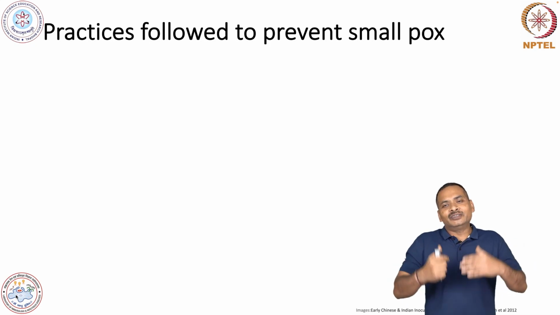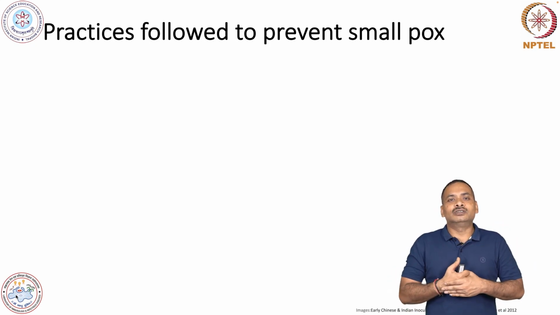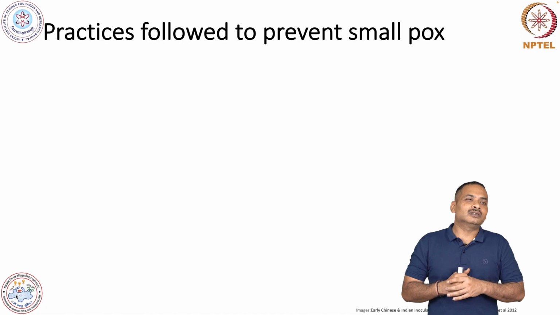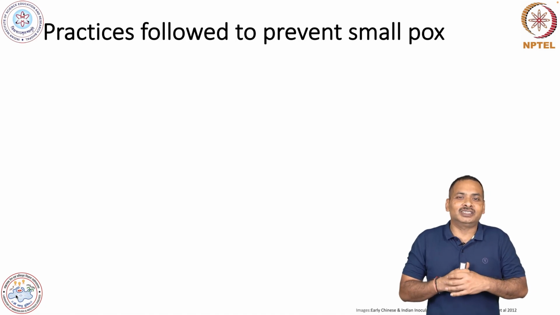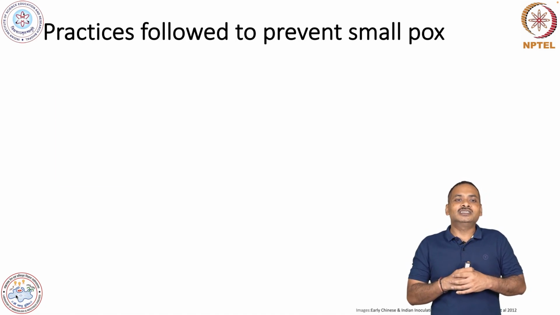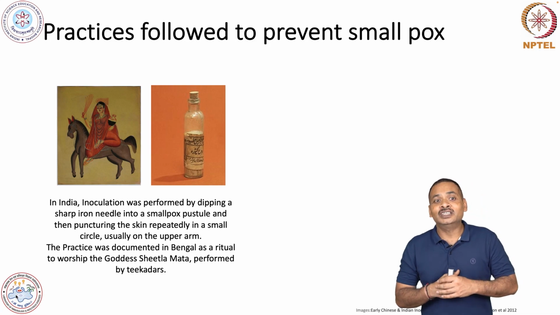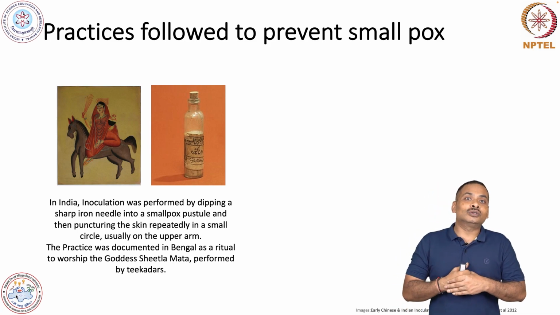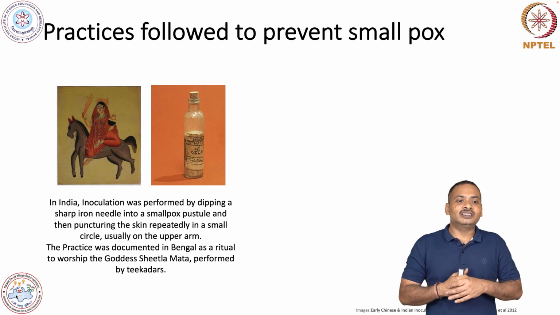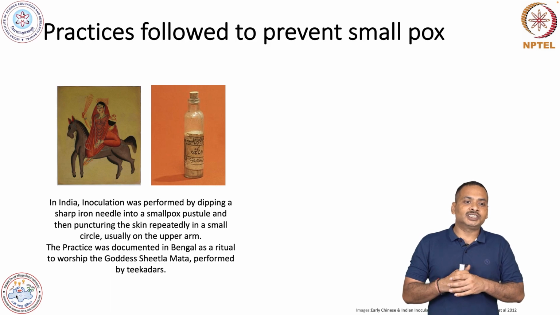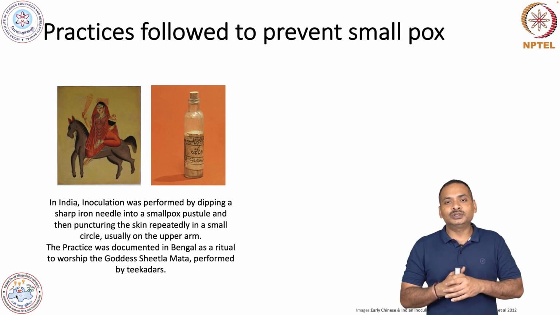By that time, when this disease was quite dominant, people had learned something about it by observation, and this was also observed in India. In India, inoculation was performed by dipping a sharp iron needle into a smallpox pustule.